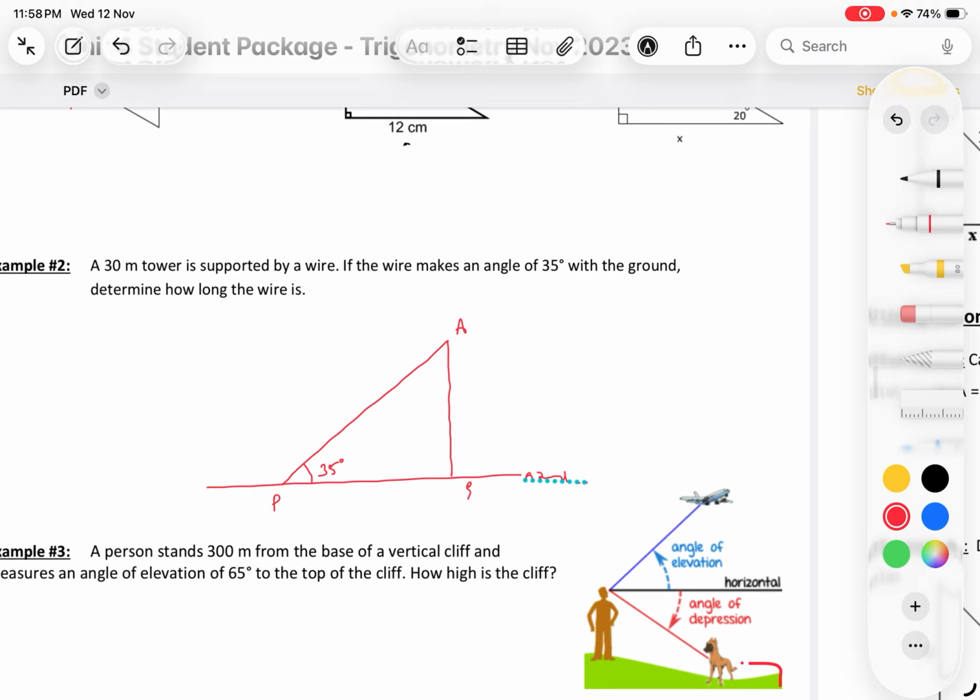We need to find the length of the wire. Say this is 30 meters. Again, this is the opposite side and this is the hypotenuse. So we have sine 35 degrees equal to opposite upon hypotenuse. Therefore, hypotenuse, that is x, equals 30 divided by sine 35 degrees.